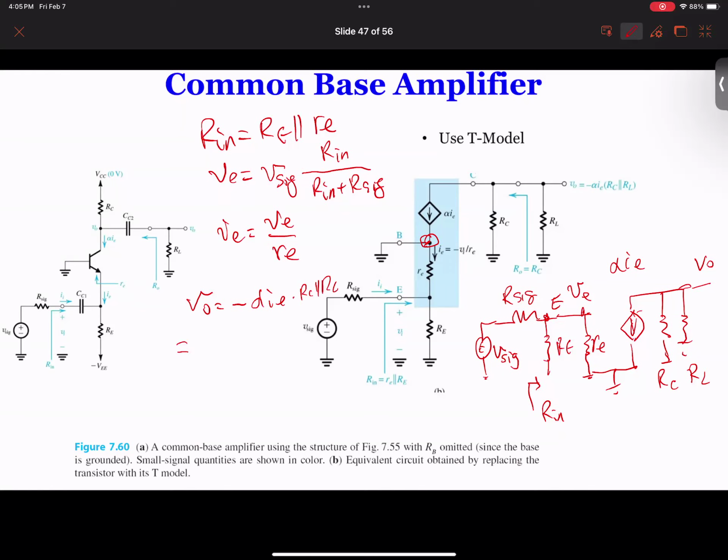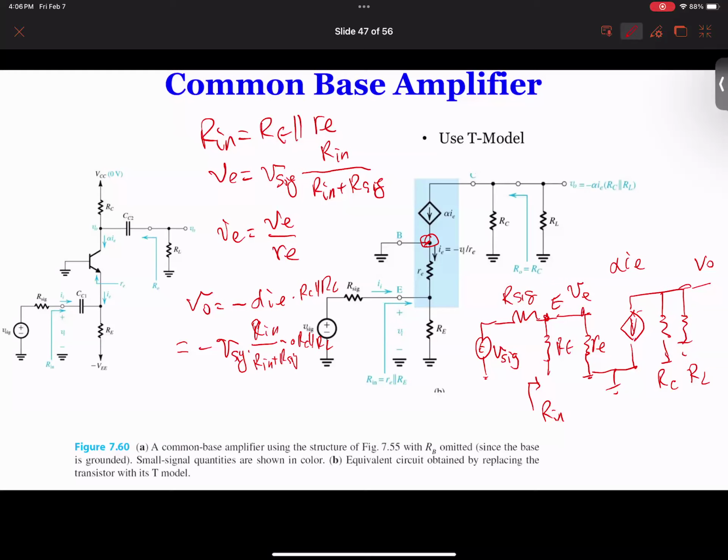So therefore, this becomes minus V signal times this voltage divider, which is R in over R in plus R SIG, and then multiplied by RC in parallel with RL. So you can easily find the whole gain.